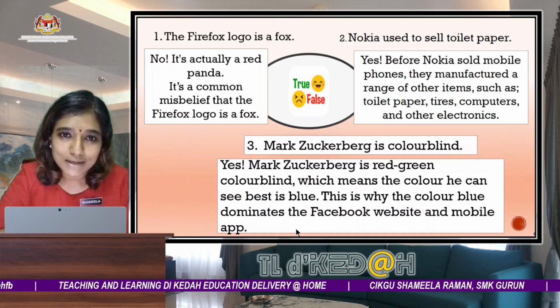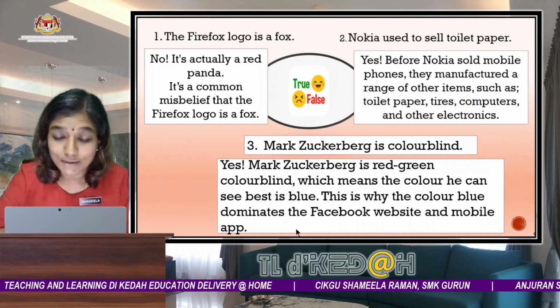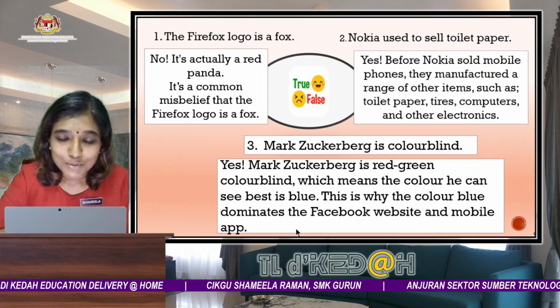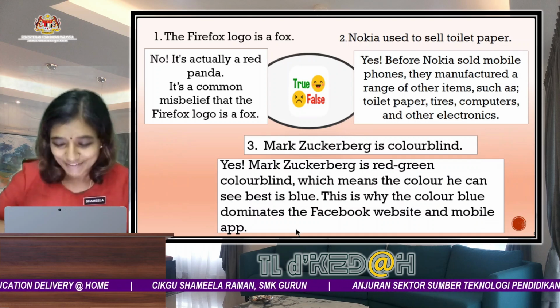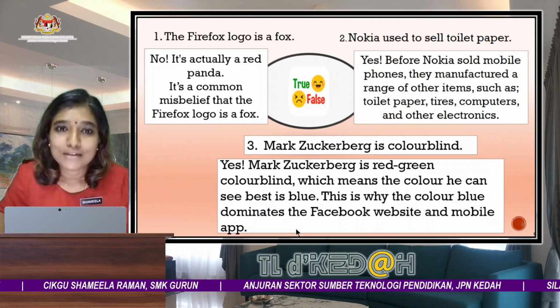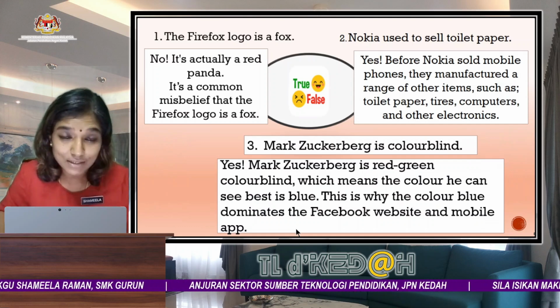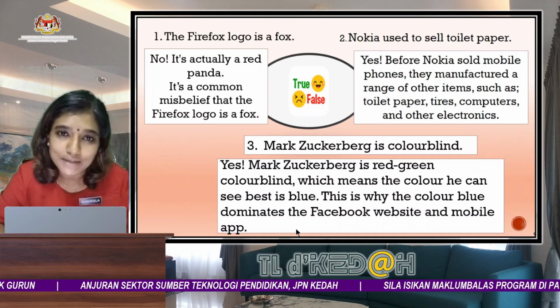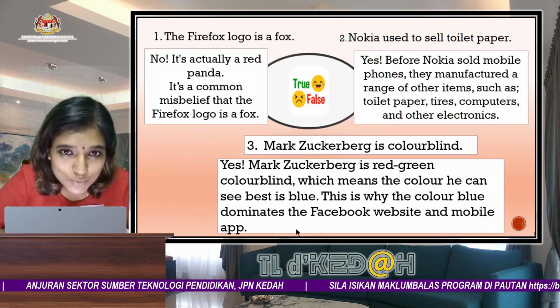Now you understand why the Facebook website icon is blue in color, and the mobile apps, because he can see blue. So you read, you get details, you support your opinions. Strategies applied. This is what we're going to be doing for your reading comprehension in your textbook as well.